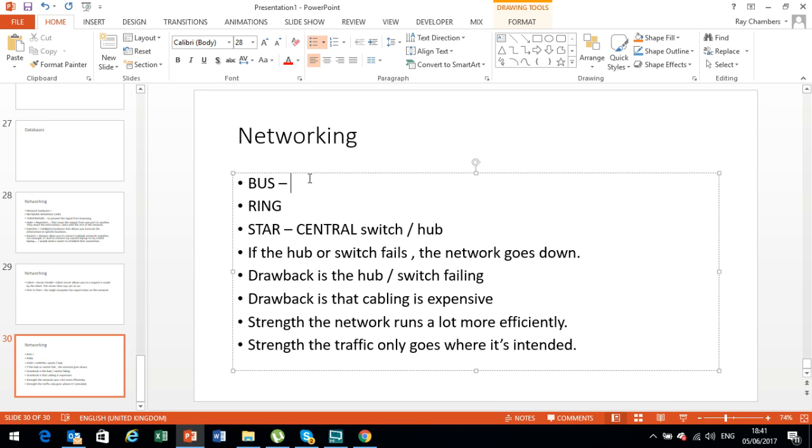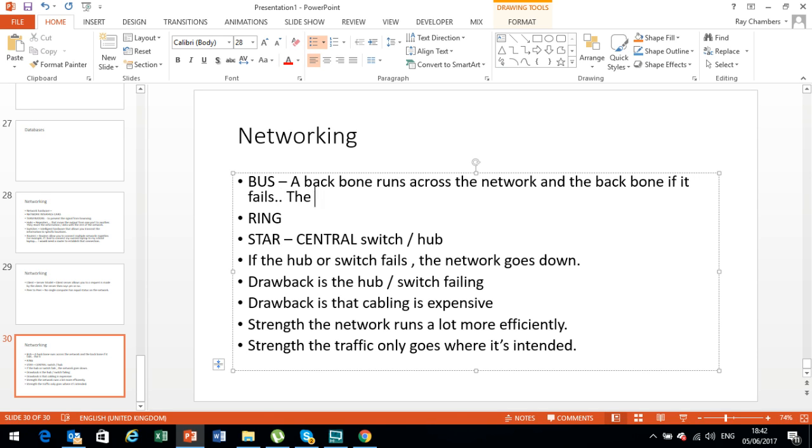You've got a bus. Basically, it runs a backbone across the network, and if the backbone fails, the whole network goes down.